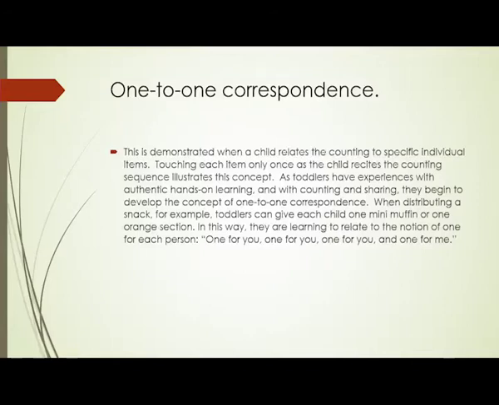In this way, they are learning to relate to the notation of one to each person. One for you, one for you, one for you, and one for me. So you can have a bag of sweets in your class and ask one of the learners to hand each learner a sweet. So this is one-to-one, and they count 1, 2, 3, one-to-one correspondence.